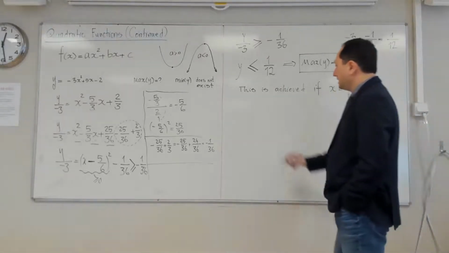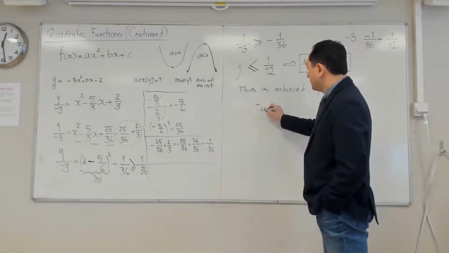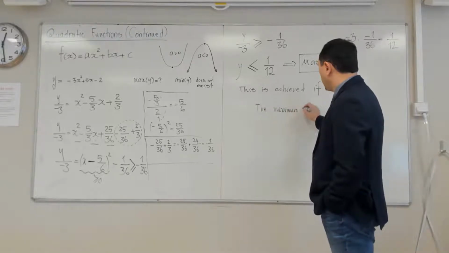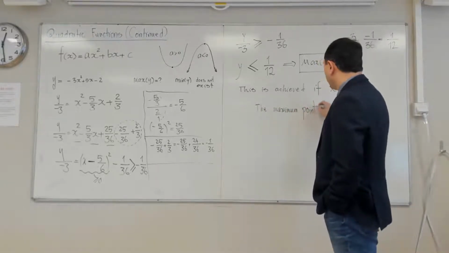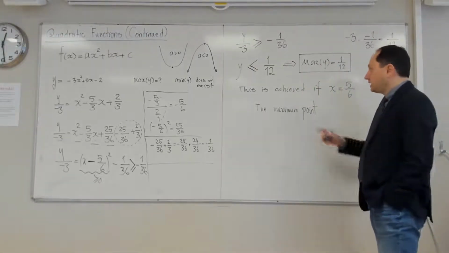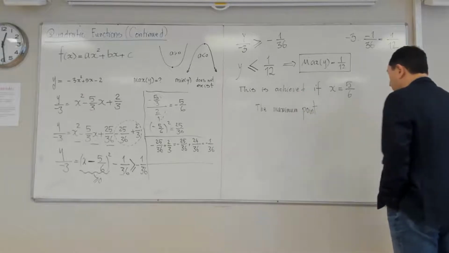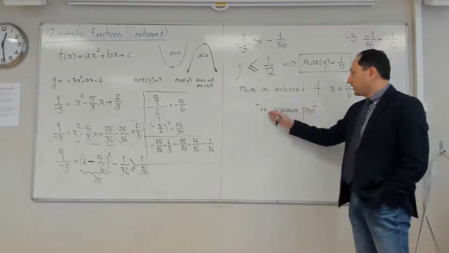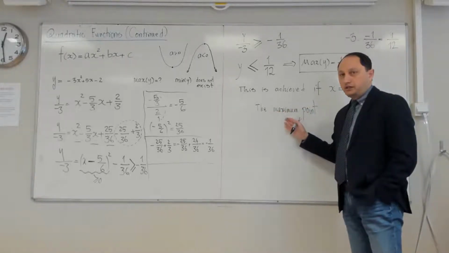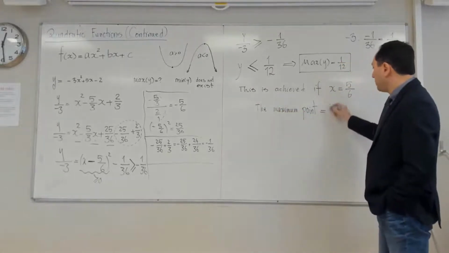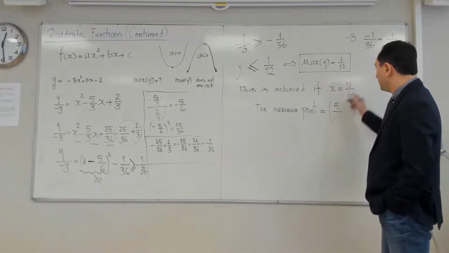So this means that the turning point, or the maximum point here: when I say value, maximum value, I am talking about the y coordinate. When I say when it is achieved, when it is attained, I am talking about the x coordinate. When I talk about the extreme or turning point, or in particular for this problem, the maximum point, I mean both of them in an ordered pair, 5/6 and 1/12.